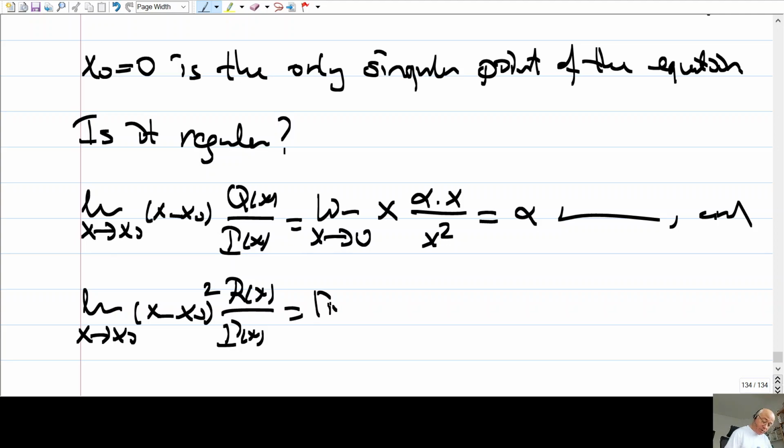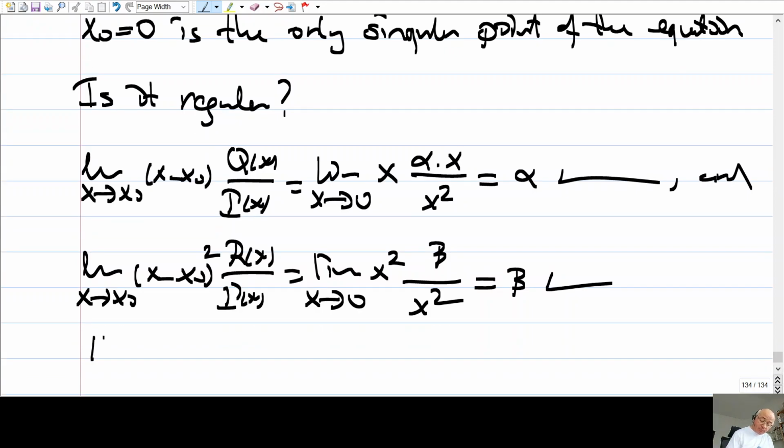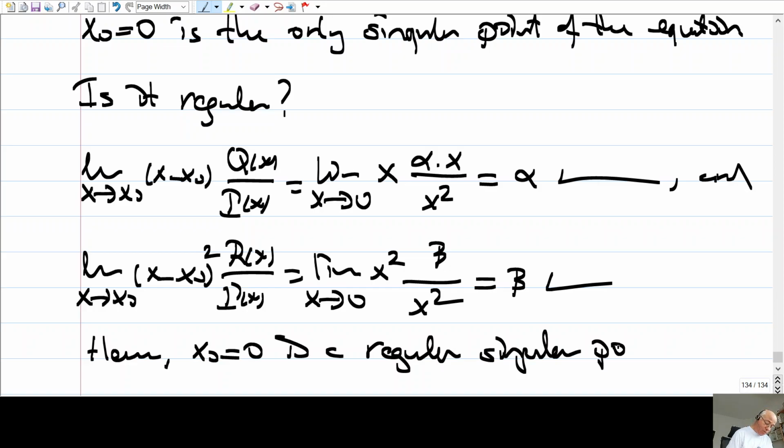Sorry, so this is the limit as x goes to 0 of x squared times beta divided by x squared. And this limit also exists, and it is beta. Hence, it is a regular singular point.